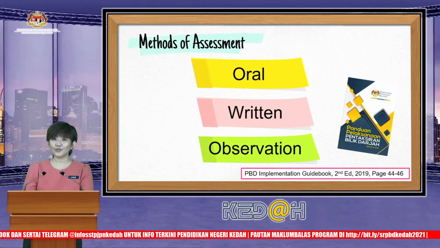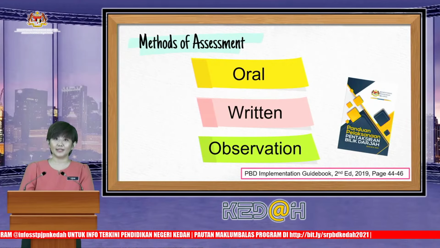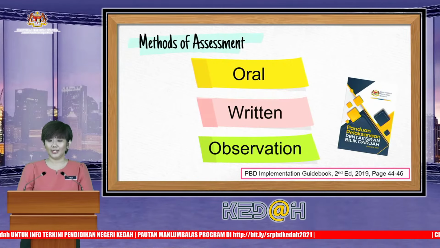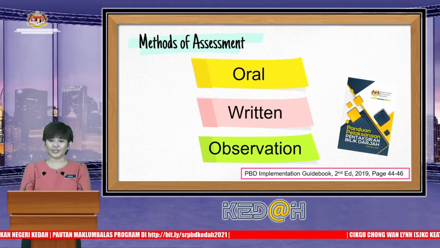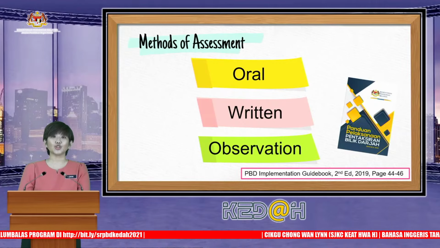So before I proceed with the lesson, let us look at these three methods of assessment. Based on the PBD Implementation Guidebook, 2nd edition 2019, there are three methods of assessment which a teacher can employ when carrying out classroom assessment. The first method is oral.